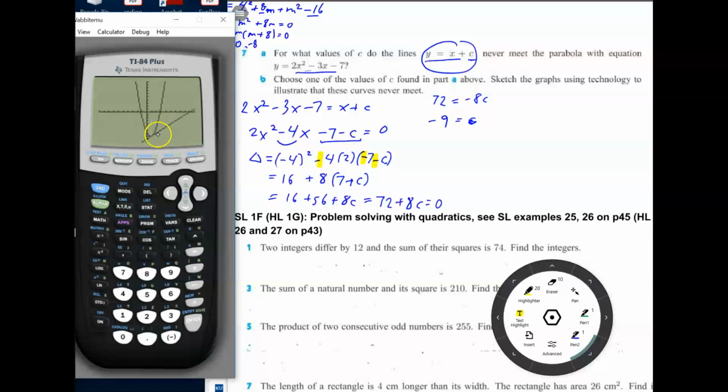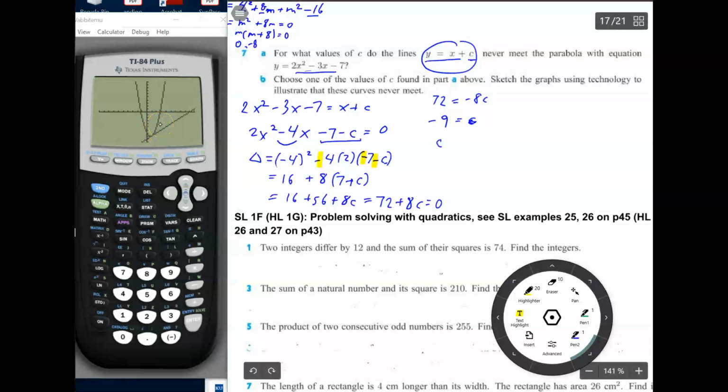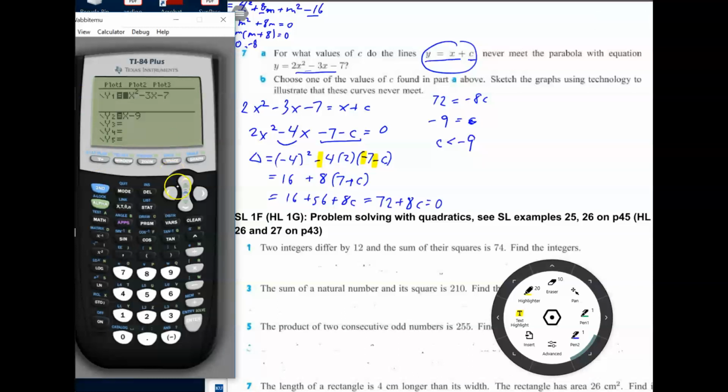Okay, now what we need to do is move the line lower, and it's not going to touch the parabola anymore, right? So I would say if c is less than negative 9, then it's not going to touch anymore. So we can test that by changing minus 9 to minus 10. And then we'll see that it doesn't touch anymore. Ta-da!